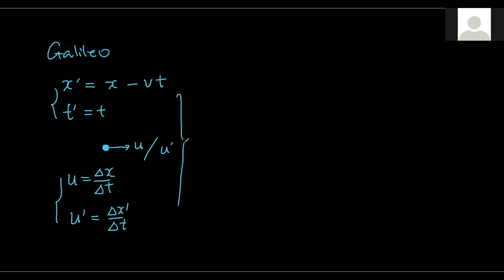Based on this idea, delta x prime equals delta x minus v delta t. If we divide by delta t on both sides, what will we get?